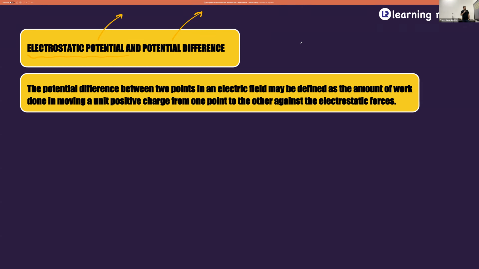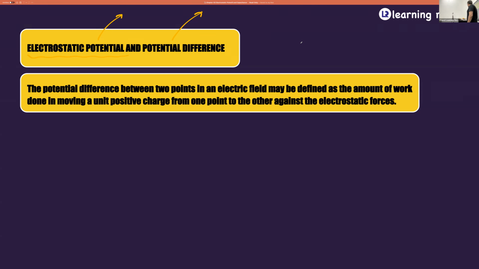So, electrostatic potential and potential difference. When I use the word electrostatic potential, I'm talking about the absolute value. And when I speak about potential difference, I'm talking about the difference between two points. Whenever you talk about electric field, it is always measured at a point.